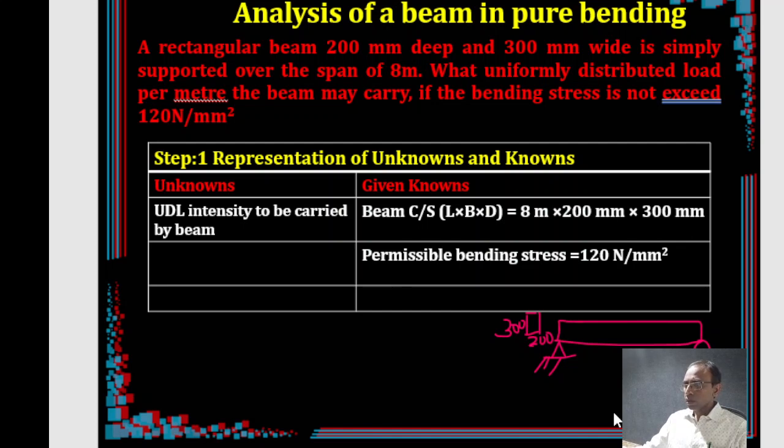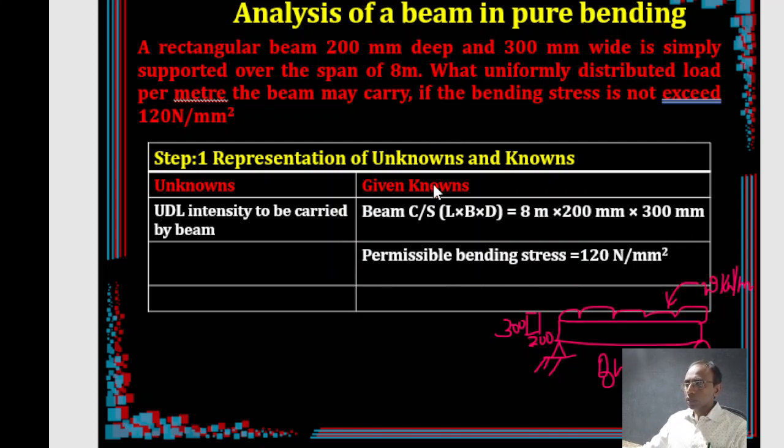So you have these dimensions, and the span was also given, right? 8 meters. Now there is a load, which is unknown, say W kilonewton per meter. I keep a load and he is asking what is the maximum load I can apply on this beam. So that was the question.